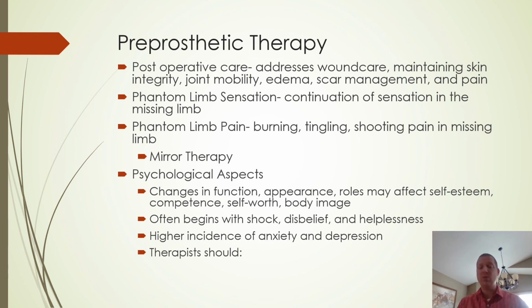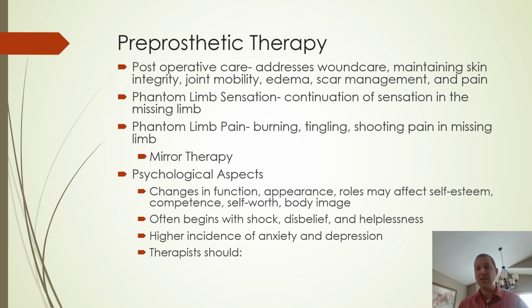So if they have a below the elbow amputation, you'd still be working on that joint mobility of the elbow, as well as the shoulder, and not forgetting all of those other components. Like we know with biomechanical frame of reference, we would be dealing with edema, maybe some elevation if we can do that, some edema massage.